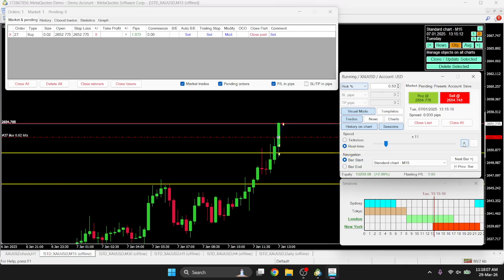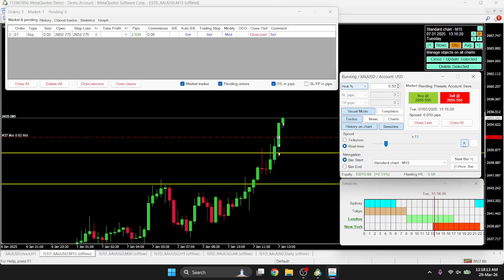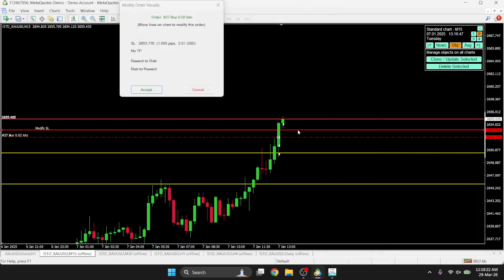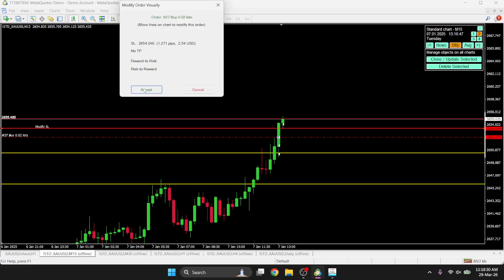So I just closed 90% of my position. Wow. It just broke the previous candle low and previous candle high and is moving up. So I moved my SL to the current candle low.